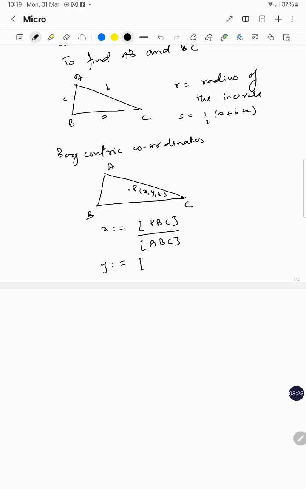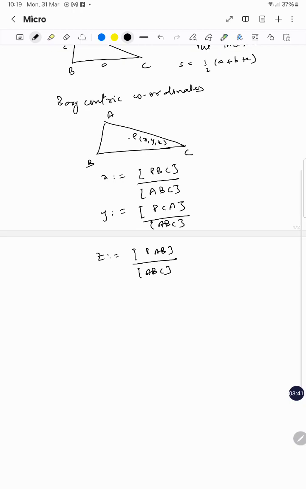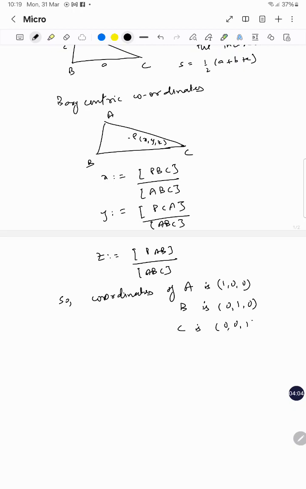Y is defined as PCA, and Z is defined as PAB upon ABC. These are the barycentric coordinates. So the coordinates of A is 1, 0, 0, B is 0, 1, 0, C is 0, 0, 1.